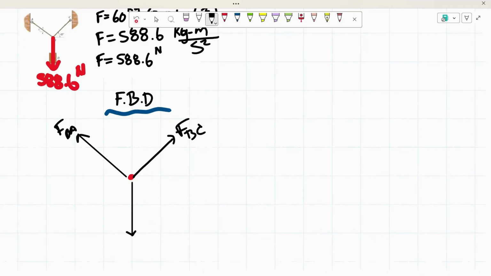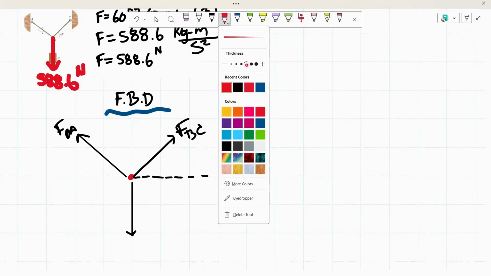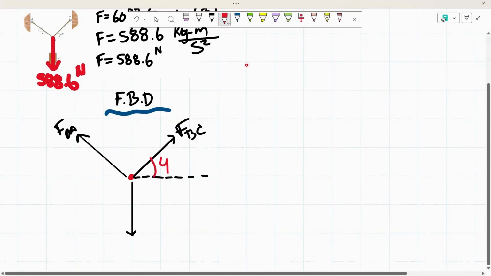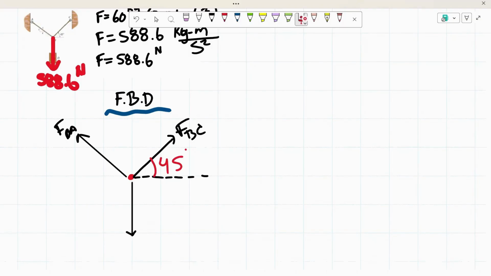And then we know that if there was a straight line right here, like our x-axis, this angle right here is 45 degrees, and that this cable, the slope is a 3-4-5 triangle.